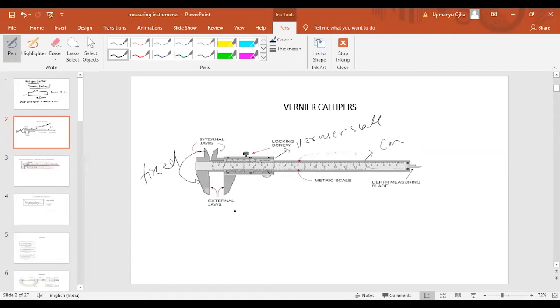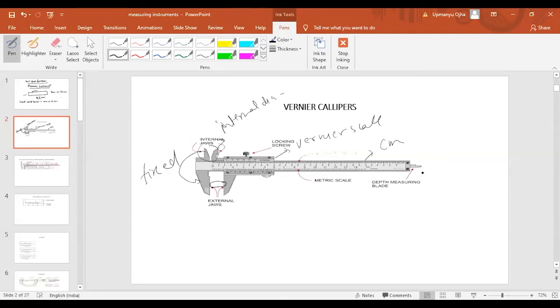The external jaws are used for measuring the outer diameter of any object: we place the object between the two jaws and get the dimension of that object. These upper jaws are used to measure the internal diameter.